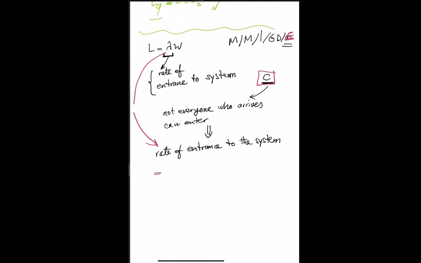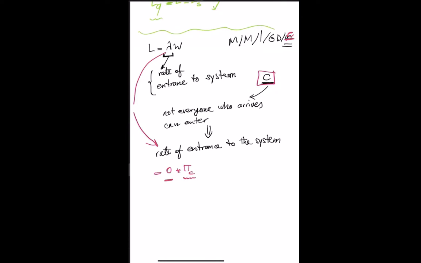Zero. It's just lambda, so the same, so 0. But if there are C people in the system, it is full, right? Yeah, so 0. No one would come to the system. That is pi C, the percentage of the time when there are C people in the system and it is full. So the rate of arrival is lambda, but the rate of entrance is 0.